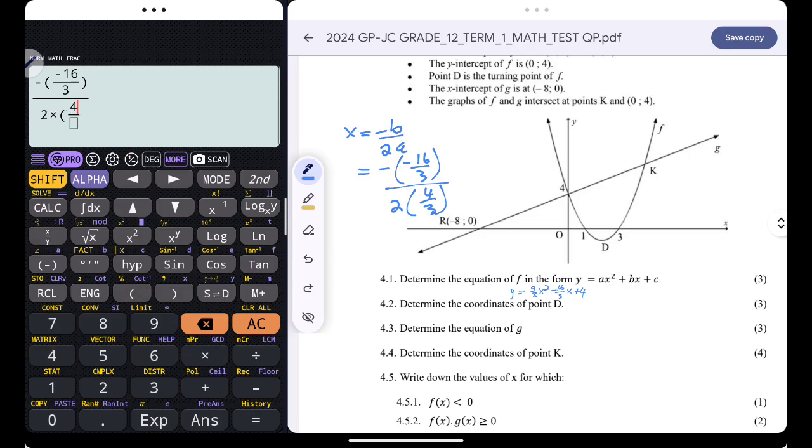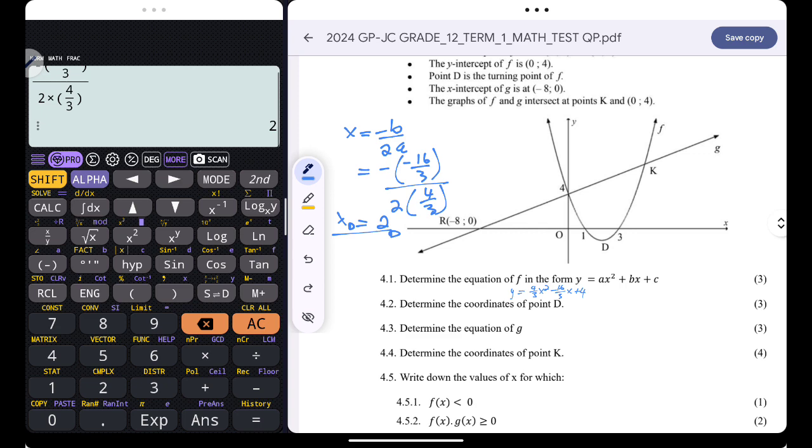The value of a is 4 over 3. Okay, so I know that the x value at the turning point, or rather the x value at D, is just equal to 2, né?